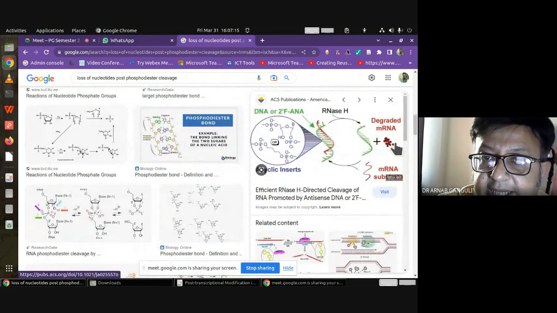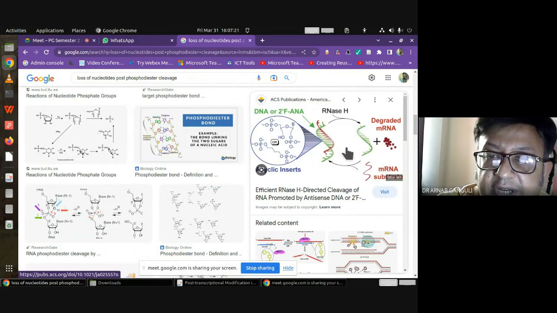So basically, after cleavage, these little small nucleotides are formed.